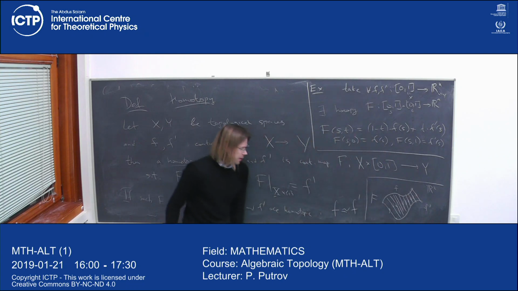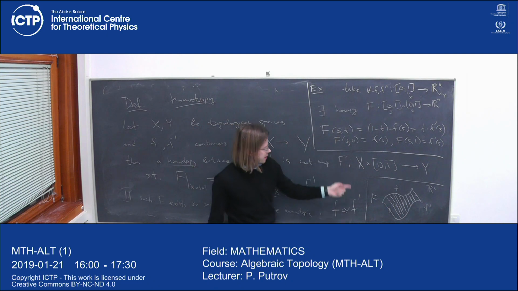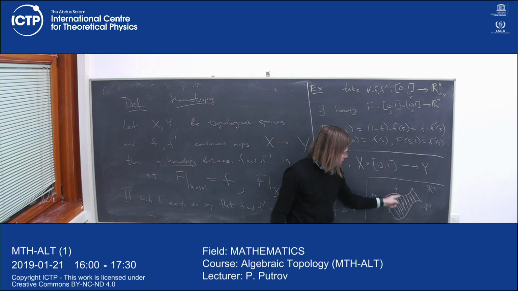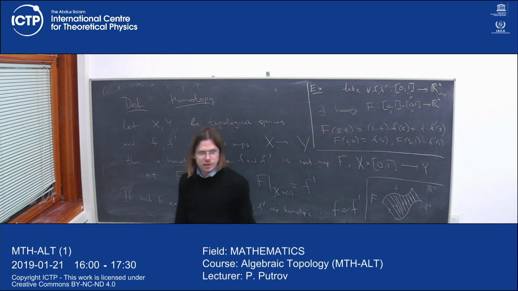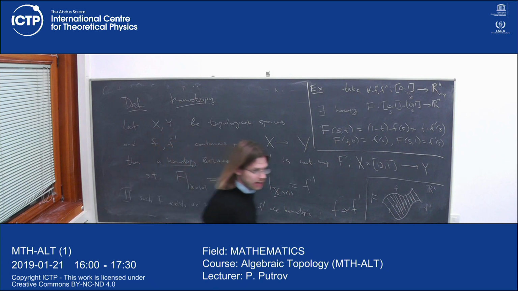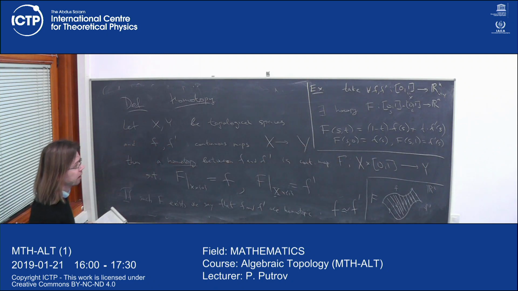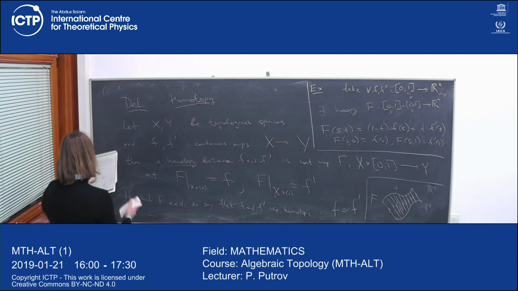If I fix s, take some s here, and start increasing t from 0 to 1, the trajectory of the image will do this. This is the homotopy from f to f prime. So is it clear? So far these are quite basic, but it's important that in the beginning everything is very clear.